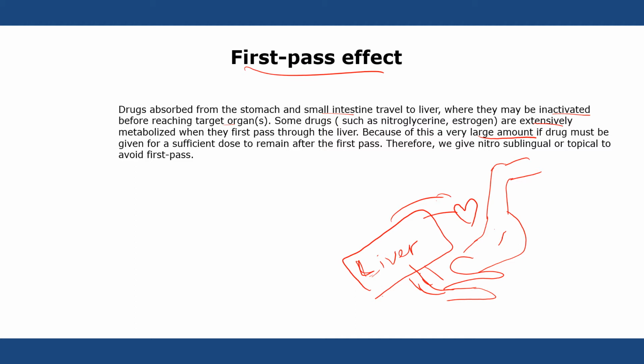You have to take a significant large amount of drug to get the same effect, because you have to go through the liver. Therefore, in order to bypass the liver and solve that problem, instead of taking a large amount of PO nitroglycerin, we give nitroglycerin sublingually or topically, like a patch. By doing so, we will avoid first pass. And remember, our mouth or oral cavity is very vascular.